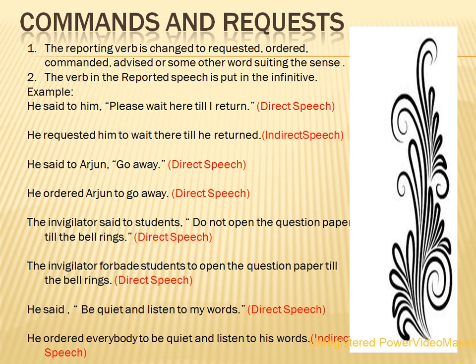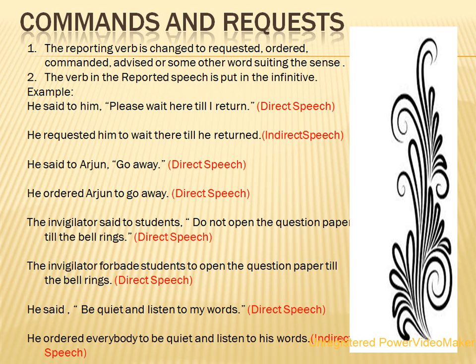One more example. He said to Arjun, go away. Now from here what can we sense? Go away. It's an order. So what will we use? He ordered Arjun to go away. One more example. The invigilator said to the students, do not open the question paper till the bell rings. So how will we change?